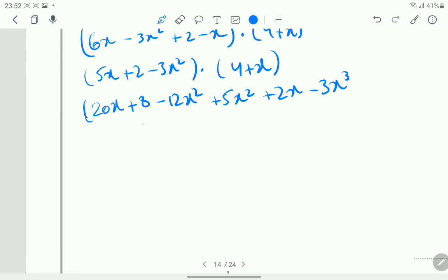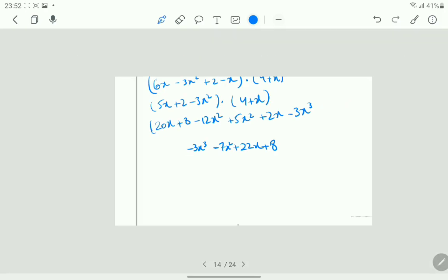Let's take out the constant first. 8 is the constant, plus 8, and we have the x terms. 20 plus 2x is 22x, and this is a plus. So now let's take x squared terms. Minus 12x squared plus 5x squared would give us minus 7x squared, and we have just a single cube term, 3x cube.